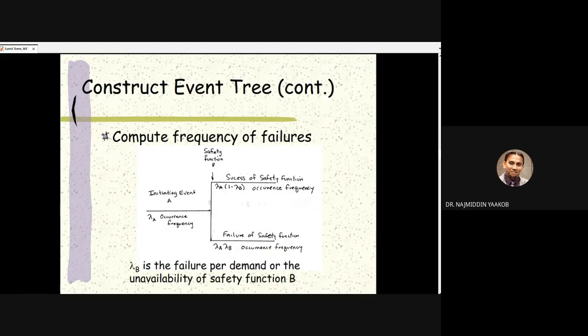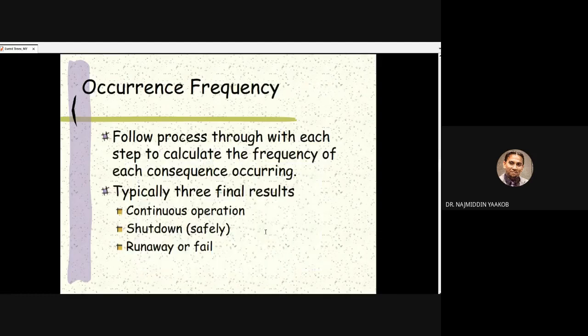And the failure is lambda B itself. So the failure of this safety function times the occurrence frequency, you get the failure. Okay, we go through an example, then it's a bit easier for you to understand.